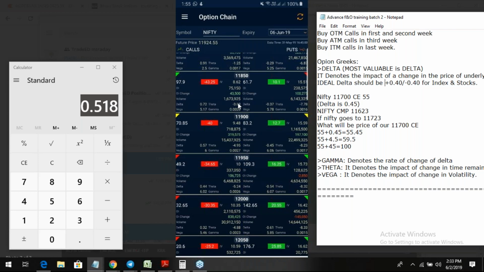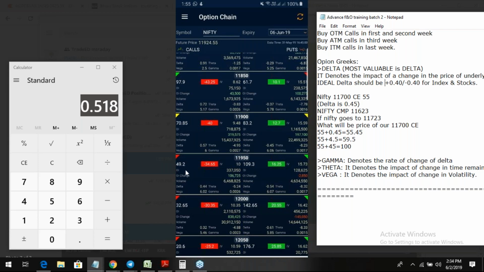But you will get a high premium. See, the 11,900 call's premium is 100 rupees. It's too high. If you buy 11,900, delta is also good, but the premium is 70 rupees. If you can afford this, you can buy this, no issue. If you buy 11,950, the delta is okay, no problem, 0.44.